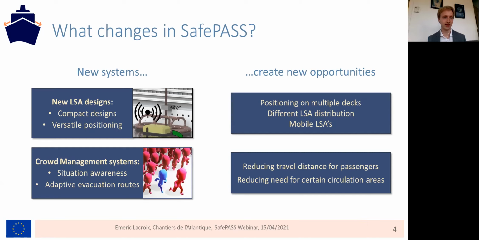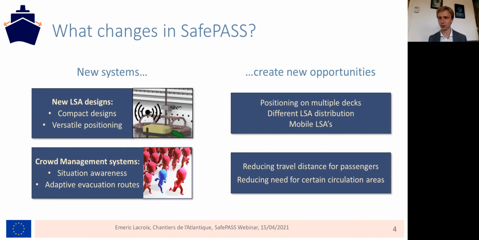The other system in SafePASS is a crowd management system. You can see here below. This basically gives the crew a picture of the situation and an ability to control the flow of people. So you can decide to send passengers to certain areas of the ship, depending on the initial situation, if you have certain blocked routes, etc. So you can avoid some unnecessary travels within the ship.